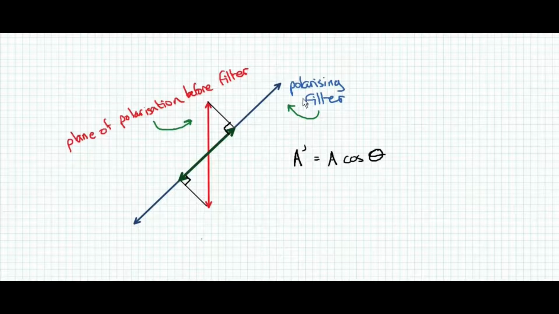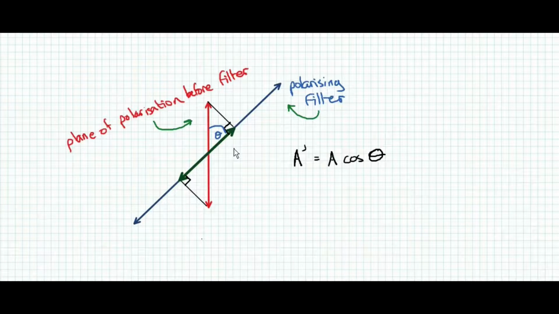Now, if we place a polarizing filter at some angle, theta, then that polarizing filter will select only one plane of polarization, which is parallel to the direction of the polarizing filter.